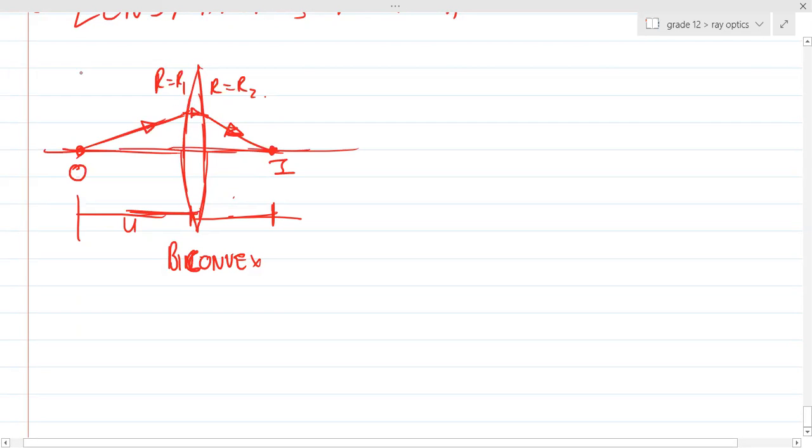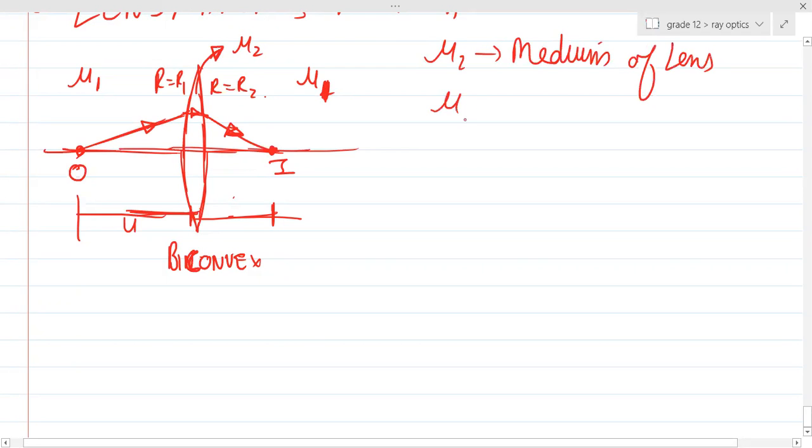Guys, can you see this particular thing? Let's say the medium which is outside is mu1. It is the same on both the sides, and inside the medium is mu2. Mu2 is basically the medium of the lens, and mu1 is the refractive index of the surrounding medium.